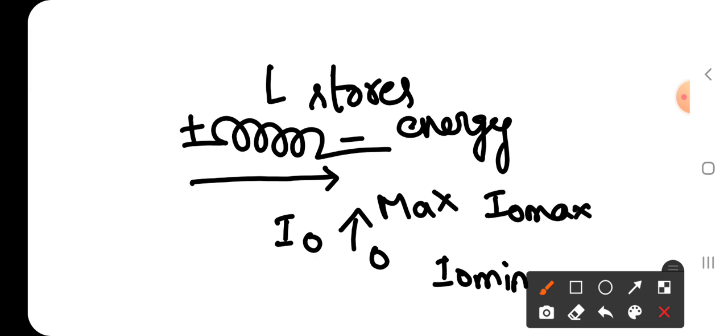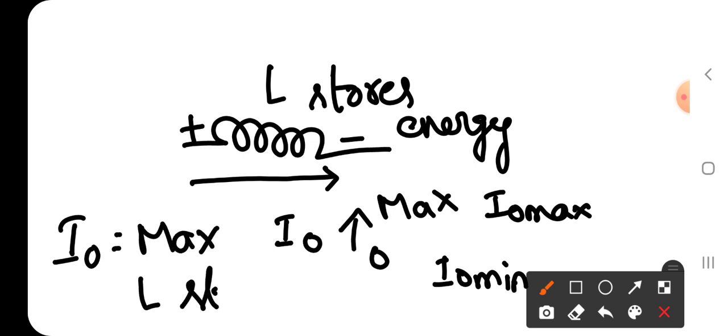Whenever the current is maximum, the inductor immediately starts to discharge its energy. So whenever I0 is maximum, L starts to discharge.